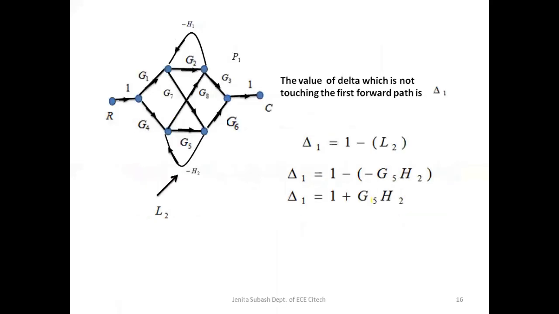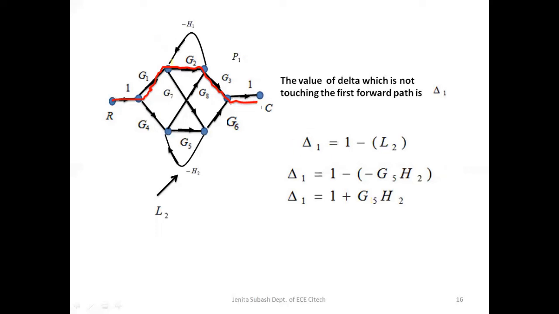Once we have found the value of delta, the last step left is to calculate delta i. We have here 6 forward paths. With respect to the first forward path, i is equal to 1. The first forward path has been highlighted in red with the branch gains G1, G2, G3, and we have to identify whether any loop is not touching it.